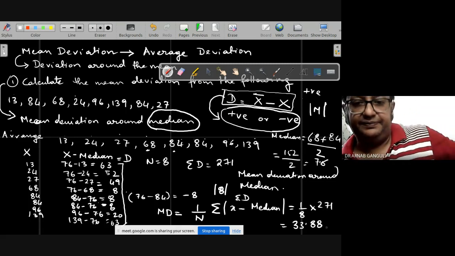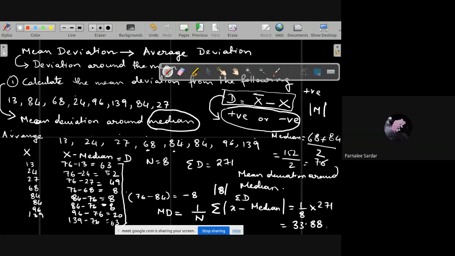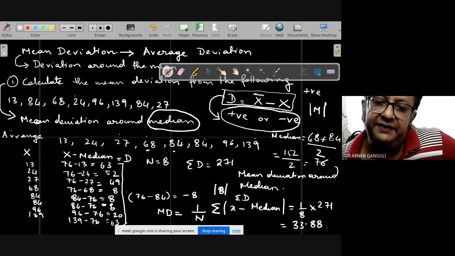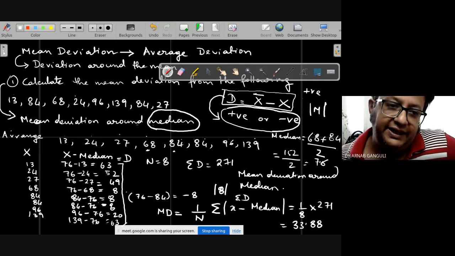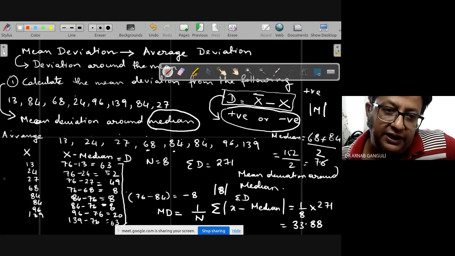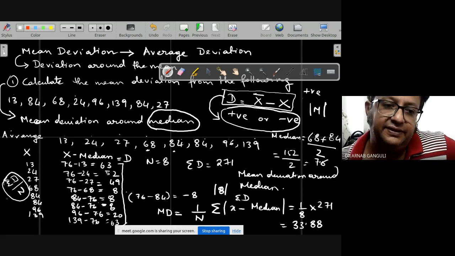Clear? Yes, sir. You're calculating actually the deviation. Basically, it is the sum of all the deviations divided by n. This is your average deviation.